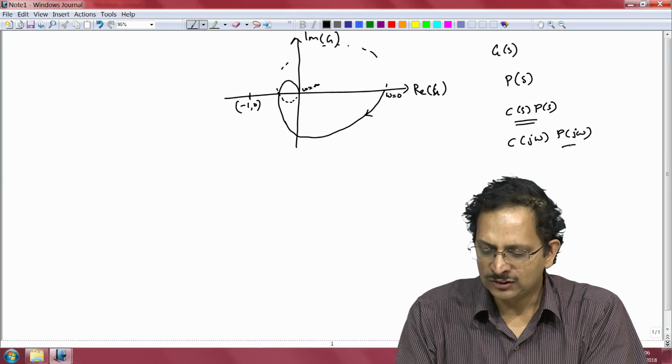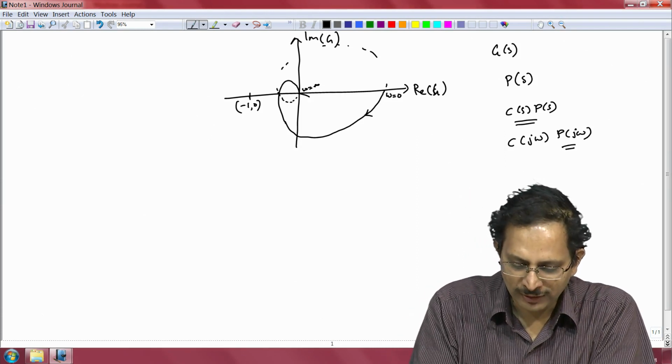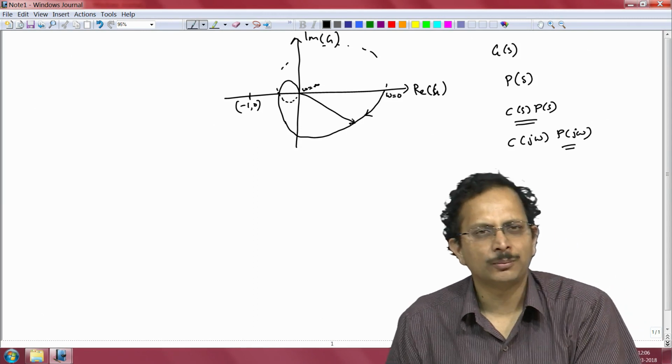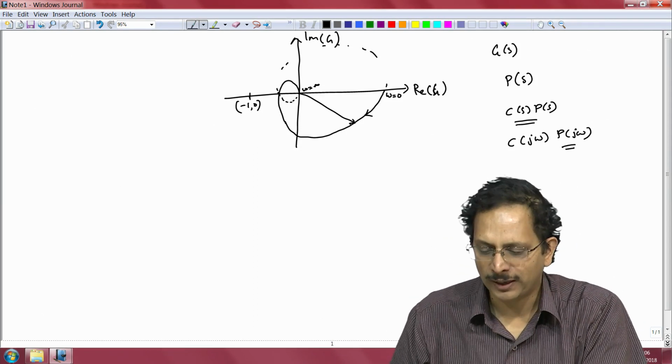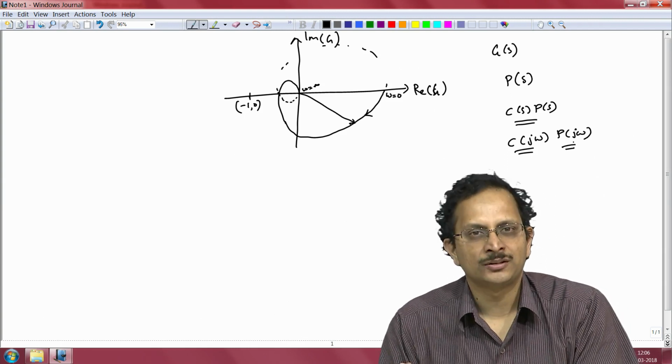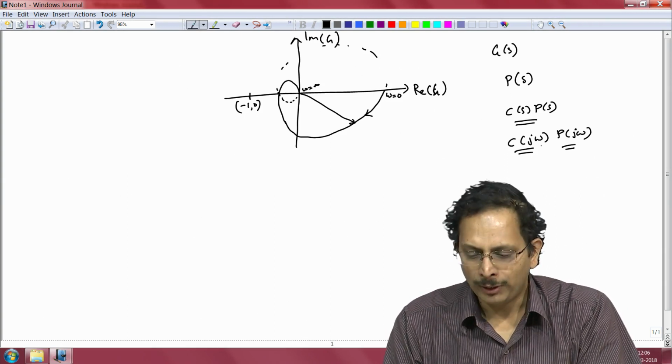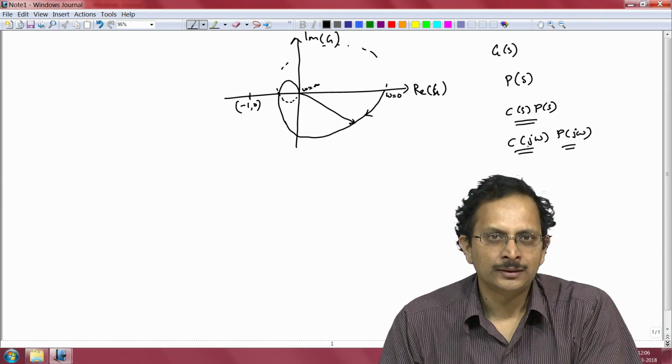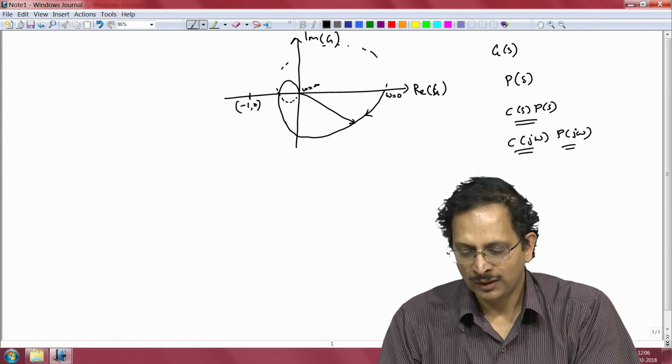P of j omega is a complex number, so we can indicate that as this complex number at some particular frequency omega. Now C of j omega is another complex number which multiplies this complex number. Now when two complex numbers are multiplied, two things can happen.